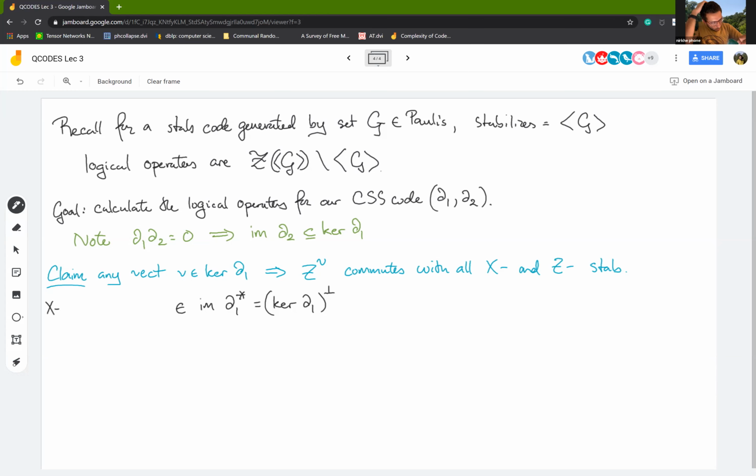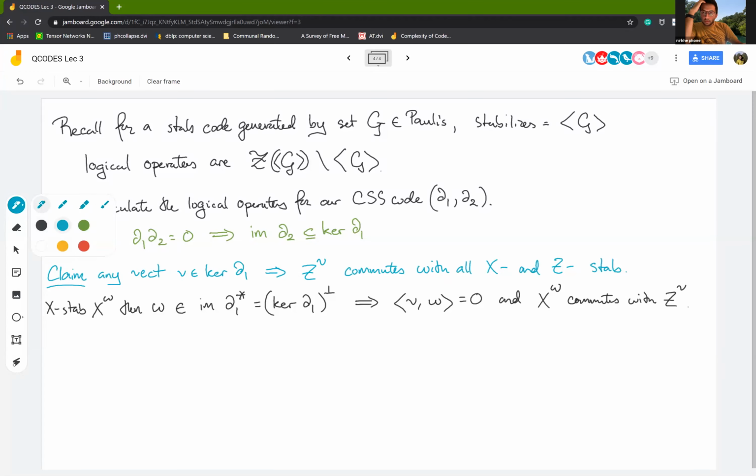If I have an X stabilizer, X to W, and W is in this, therefore VW is equal to 0, and X to the V commutes with Z to the W. Is that okay?